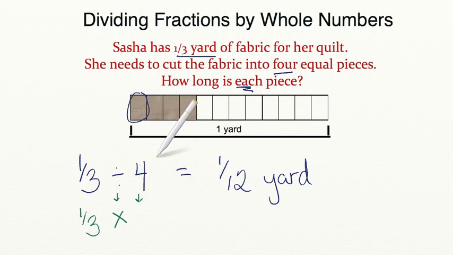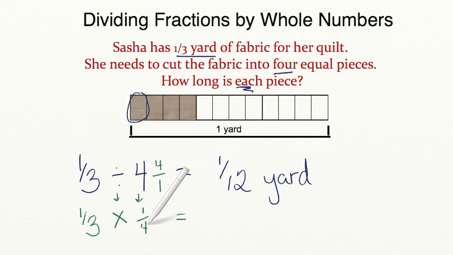If we write 4 wholes as a fraction, we would write it as 4/1. So the reciprocal of 4 wholes is going to be 1/4. So instead of dividing by 4 wholes, we're going to multiply by a fraction, 1/4. And that should get us the same answer.